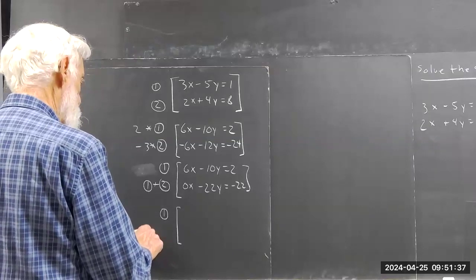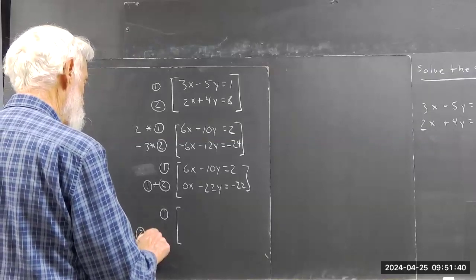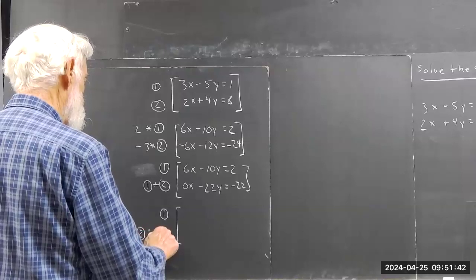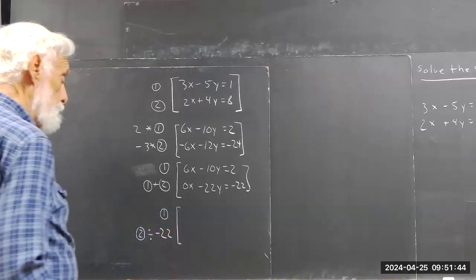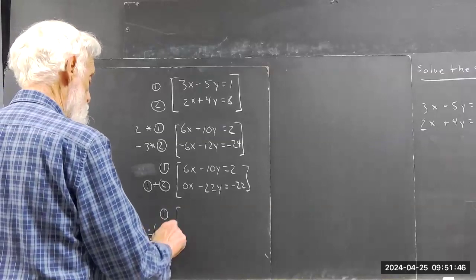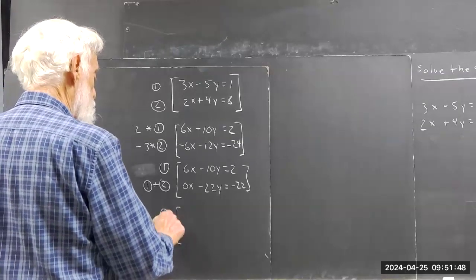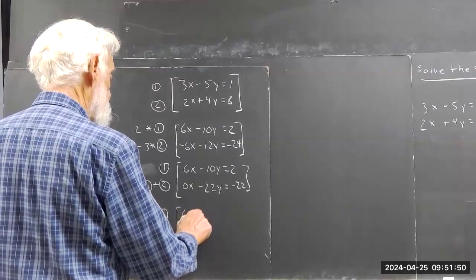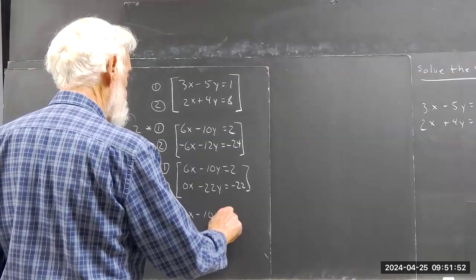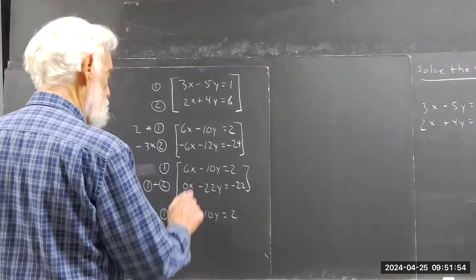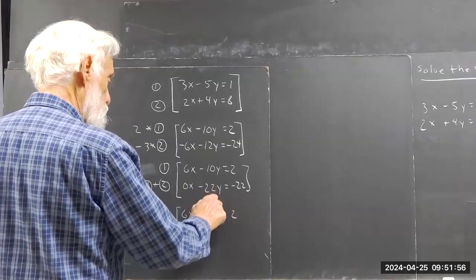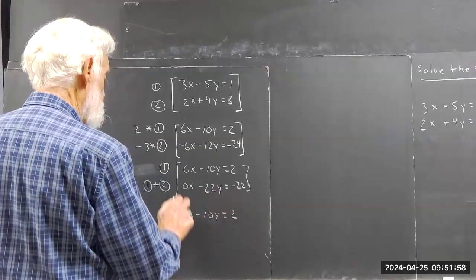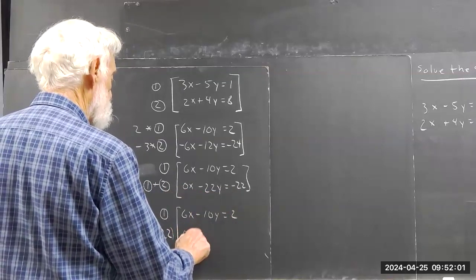We're going to do row 2 divided by negative 22. So we're going to write row 1 again. And we're going to divide this second row by negative 22. 0 divided by 22 is still 0.